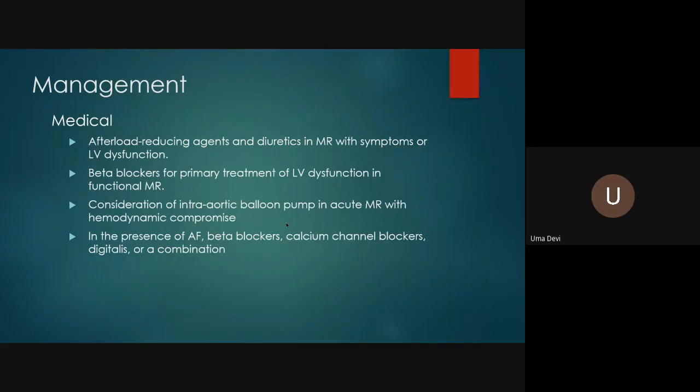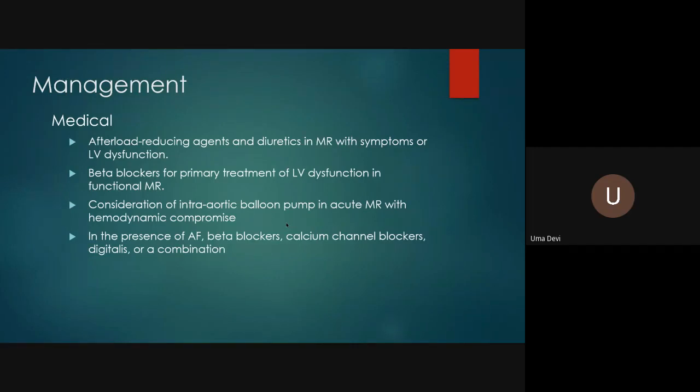So we have to maintain the heart rate around 60 to 100. In atrial fibrillation, the atrial rate is around 300 to 600. If all those impulses come to the ventricle, it will immediately go to ventricular fibrillation, an ineffective contraction, and immediate death can occur.